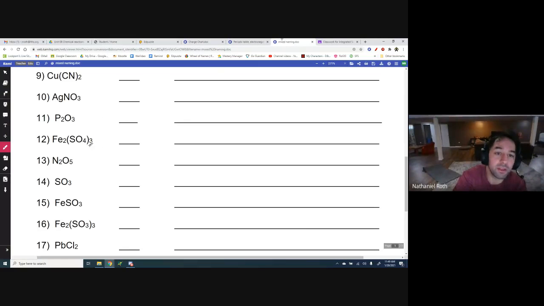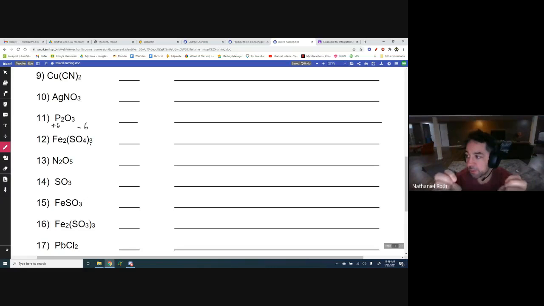Now, there are 3 of them. So that means our overall charge is -6 because it has a -2 charge and there are 3 of them. So 2 times 3 is 6. That means we have to have a positive charge of +6. Now, this is another place where people mess up a lot. Our Roman numeral for iron is not going to be 6 because the Roman numerals represent what the charge of each individual ion of the metal is.